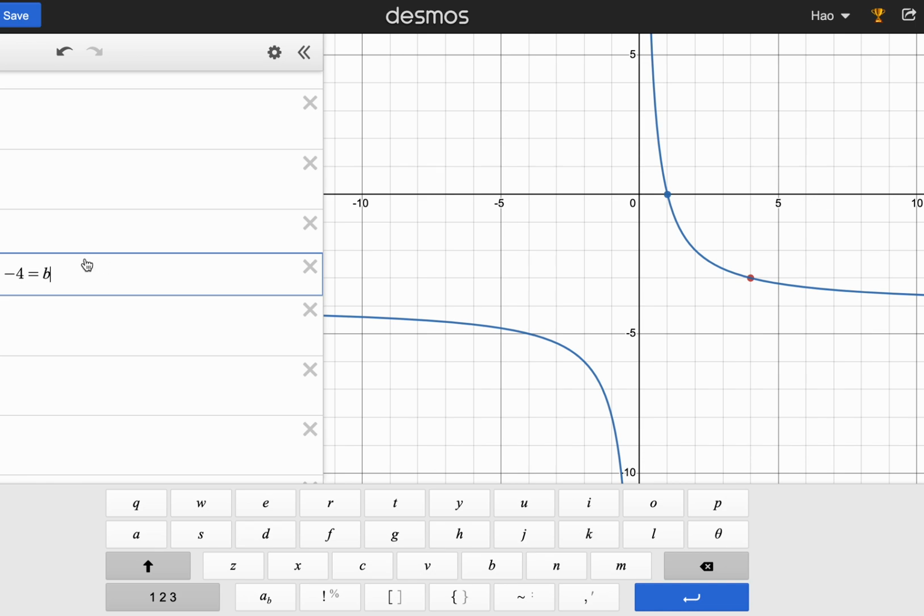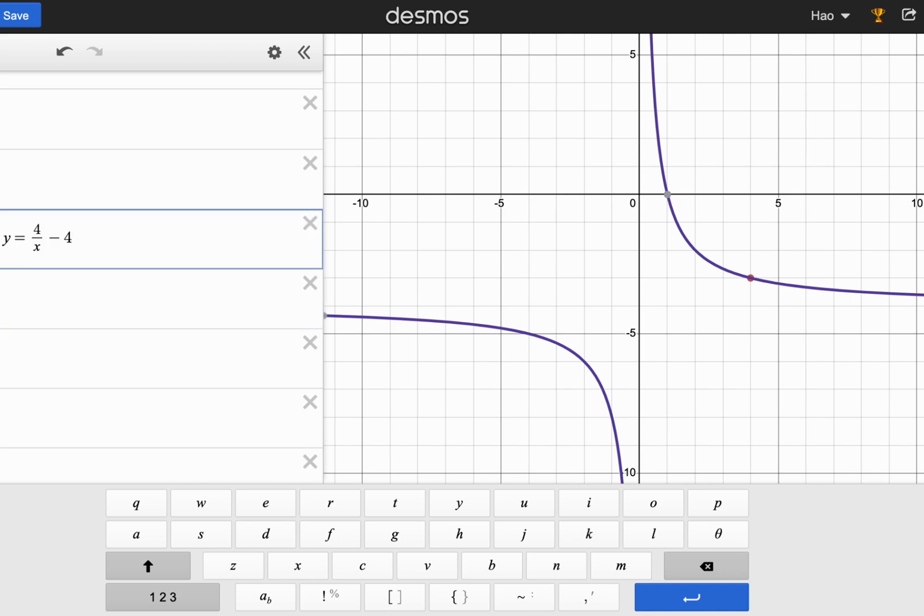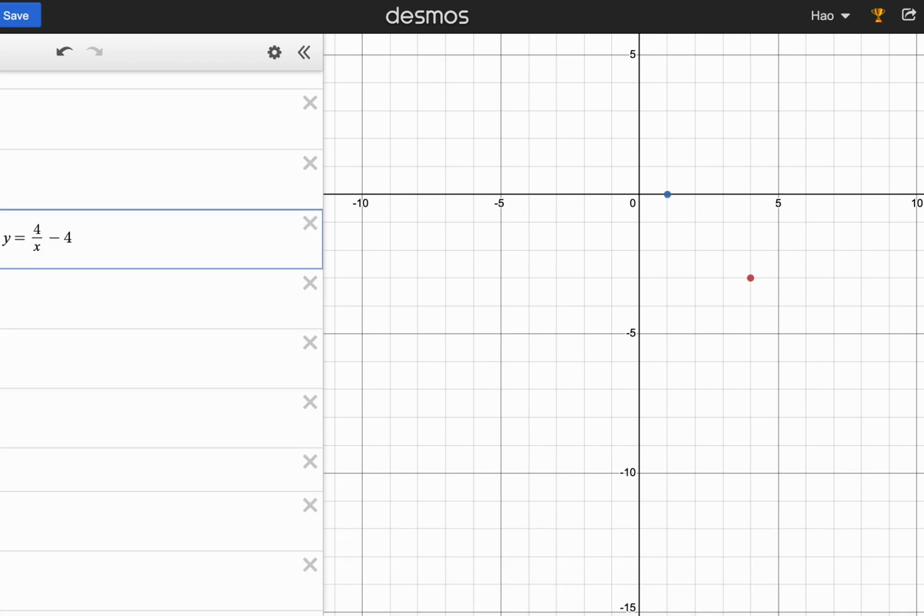Okay, if b is -4, and we just said that 0 equals k plus b, then k is 4, right? So the first equation is y equals 4 divided by x, minus 4. This is the equation.